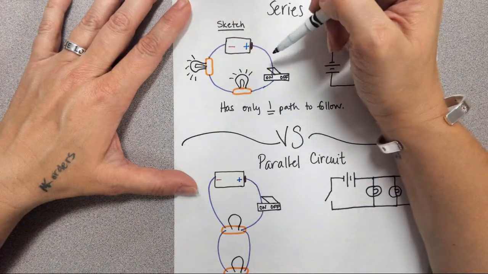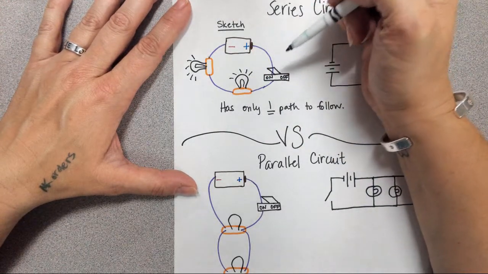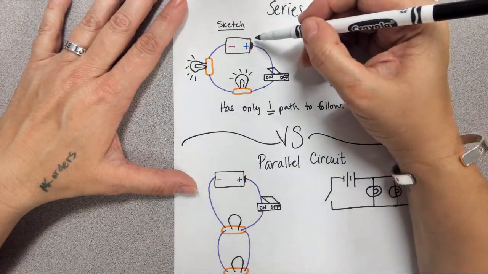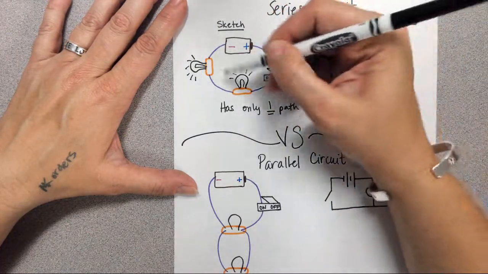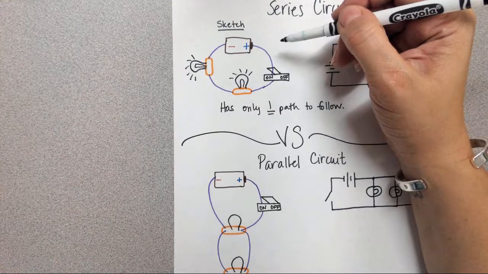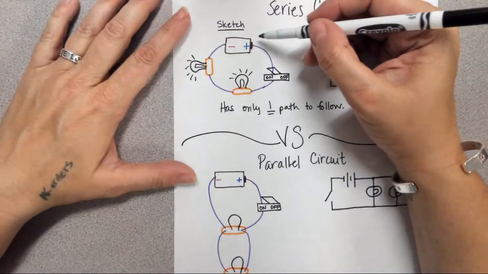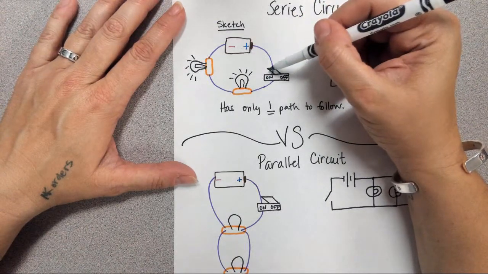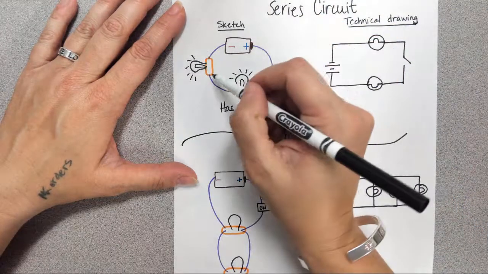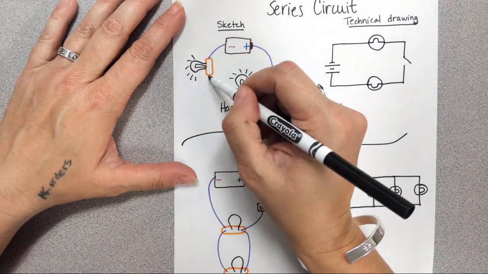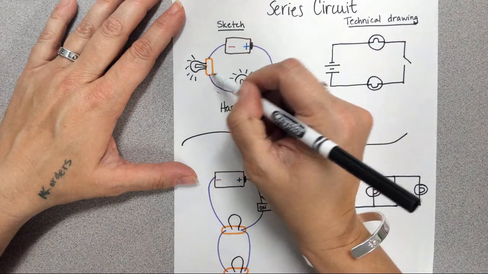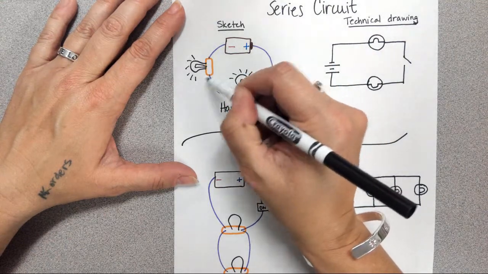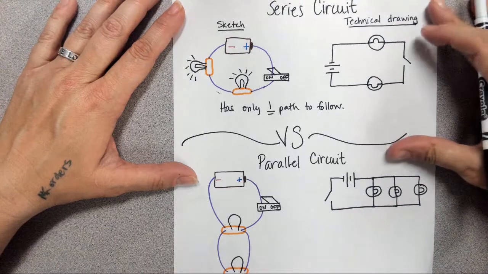It's called a circuit, flowing all the way around when it's closed, or complete. If I take this off right here, all the lights are going to go off because my electrons are going to stop right here. Everybody remember that?